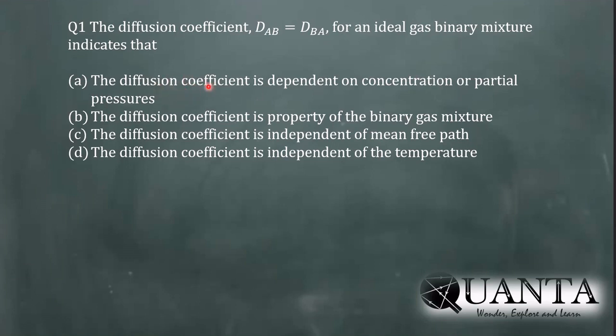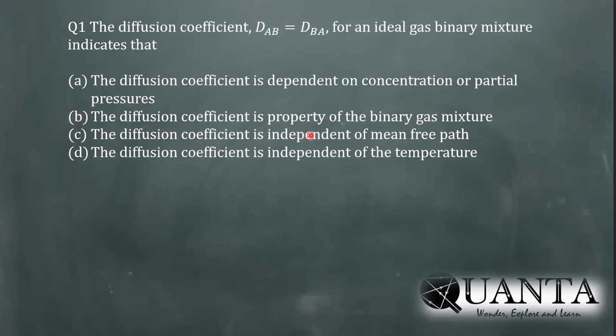In this situation, if the diffusion coefficient is dependent on the concentration, then we know that Fick's law changes itself, because the flux is not only directly proportional to the concentration gradient but will also depend upon the diffusion coefficient, which is not the case. So clearly option A is incorrect. The diffusion coefficient is a property of the binary mixture. This is more generic, so just leave it for now and evaluate the others.